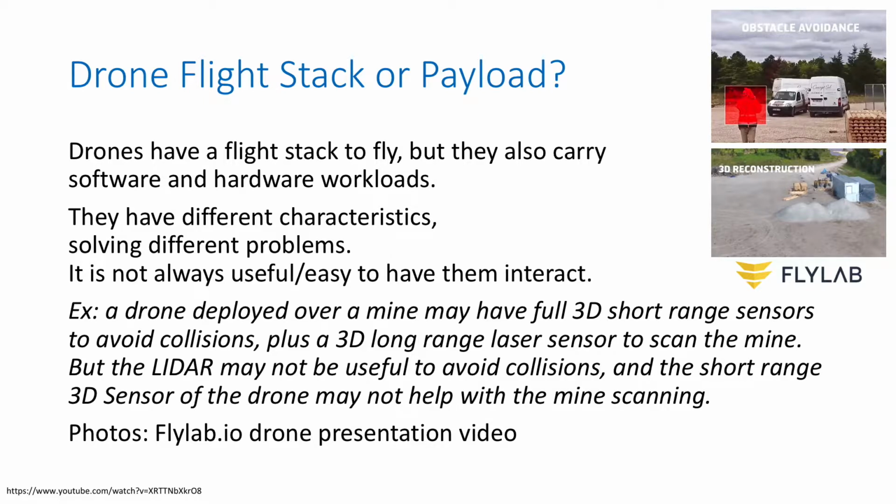But the LiDAR used for long-range sensing may not be useful to avoid collision, and the short-range sensor may not be useful to scan the mine. So, for example, illustrated here, we have the FlyLab solution to avoid collision, but also scan the ground.